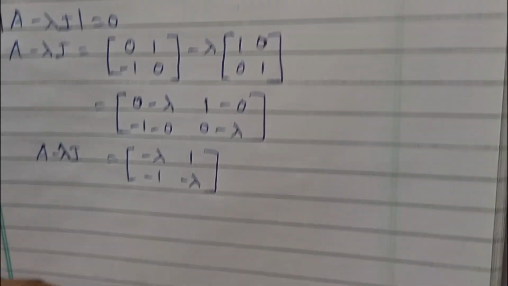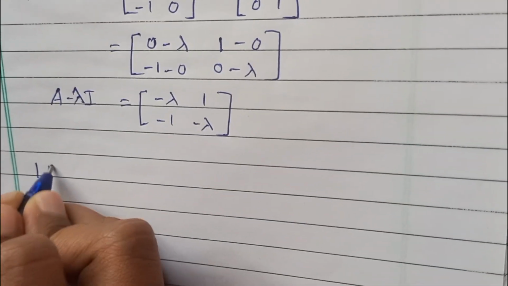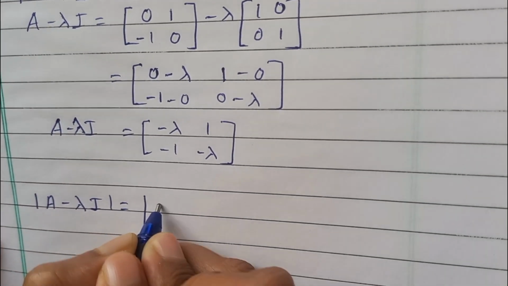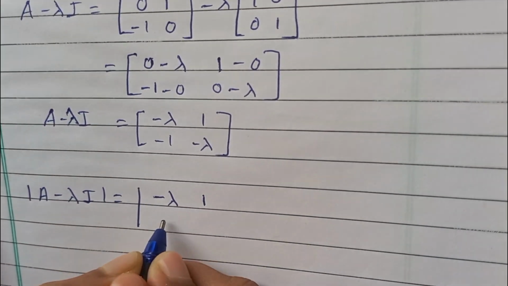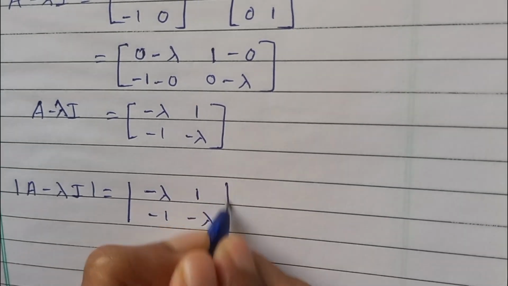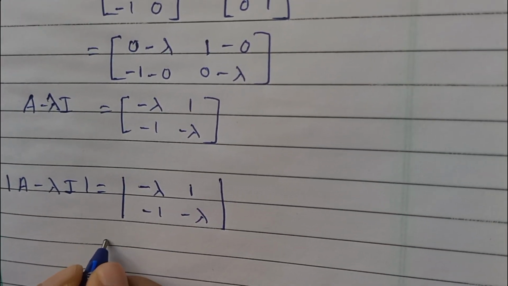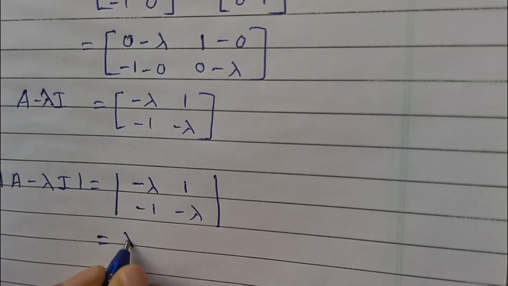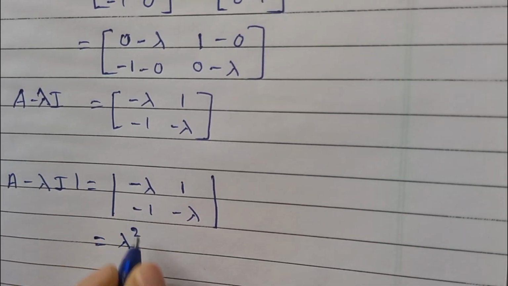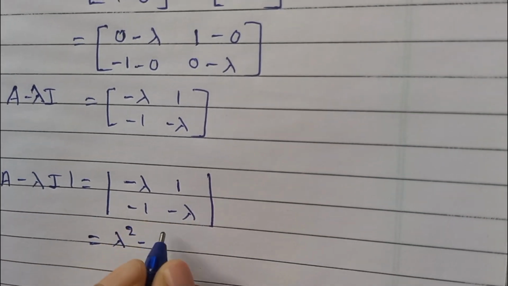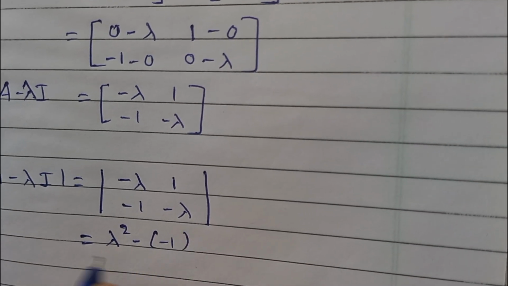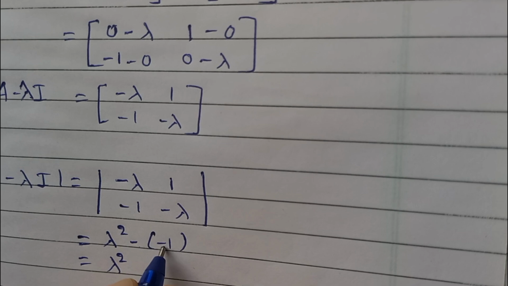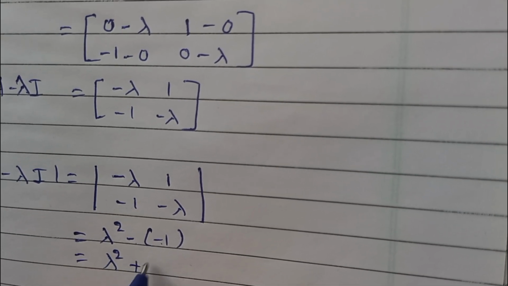Now we find the determinant, which is minus lambda into minus lambda minus, minus 1 into 1, which is lambda square plus 1.